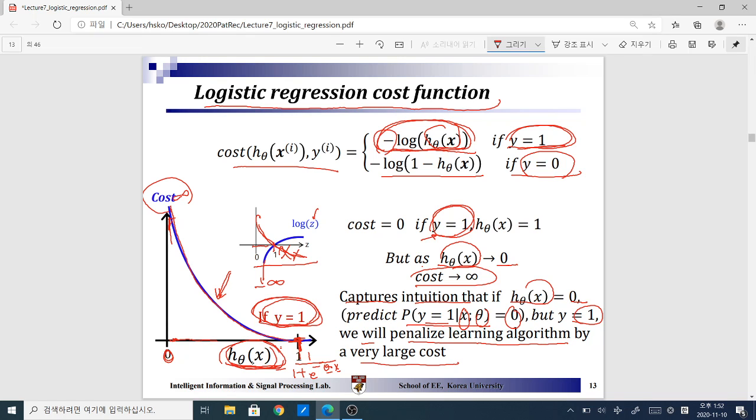So this particular negative of the log function, for the label being 1, looks very, very appropriate.